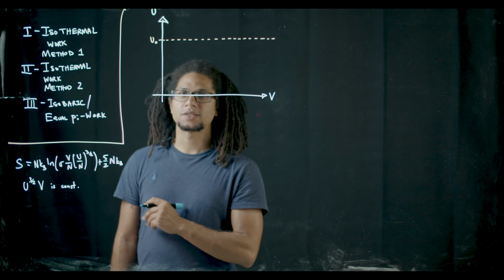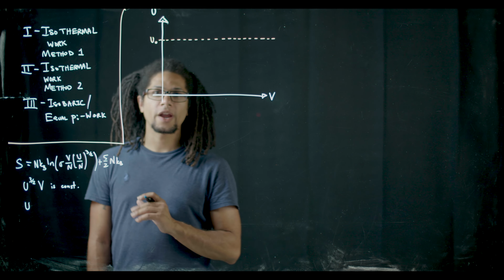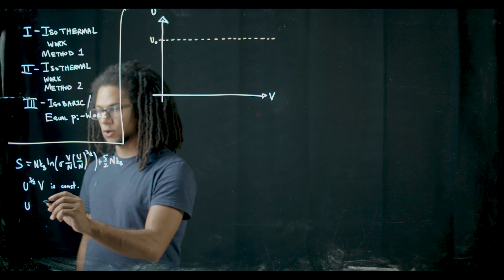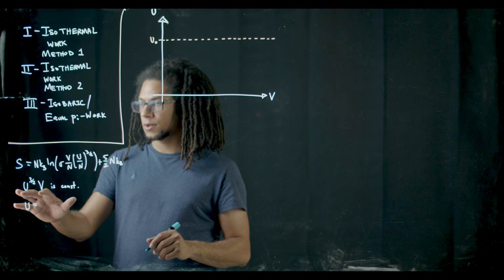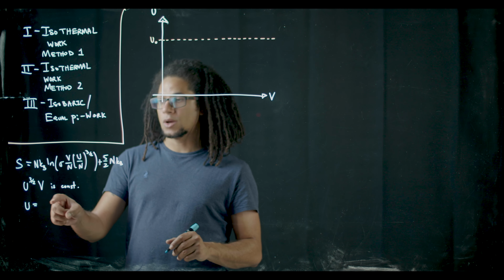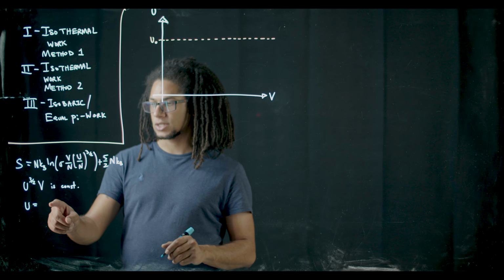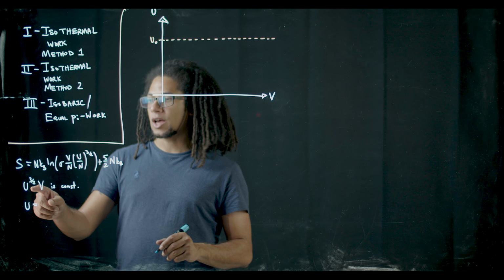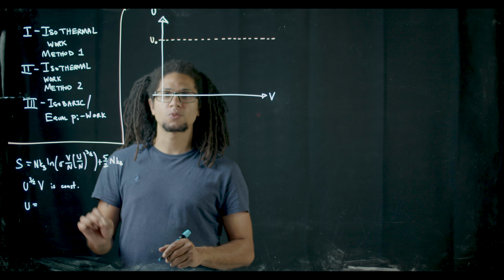Now, if we wrote that constant as, say, alpha, we could say that for our adiabatic work operation, U to the 3 halves times V is equal to alpha. Then multiply by V inverse on both sides, so I'd have alpha V inverse on this side. Then I would raise each side to the 2/3 power.